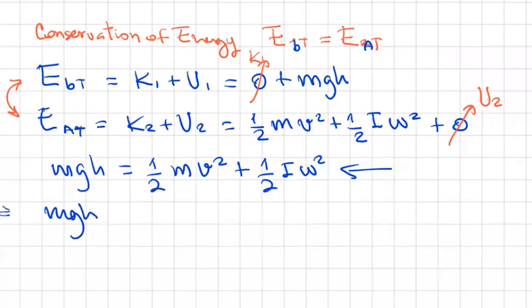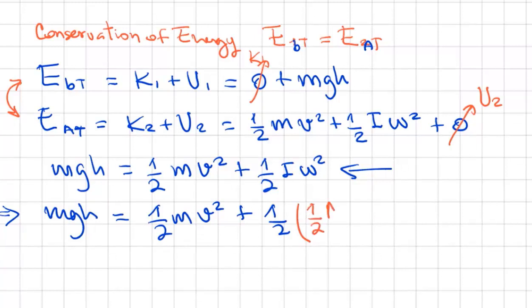mgh equal to 1/2 of the mass v squared plus 1/2 of the moment of inertia, but the moment of inertia is 1/2 of the mass of the disk, radius of the disk squared, multiplying the angular velocity squared. But we know that v is equal to w multiplying r.